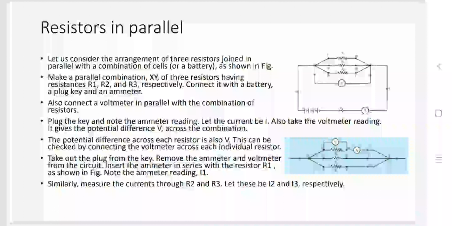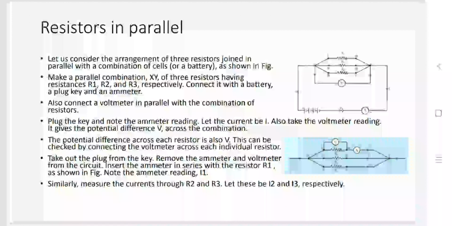Right? So first, what we are going to do? We are going to measure the potential difference across a resistor between X and Y, that would be my V. And we are going to measure the total current, connecting as shown in the first circuit. So what will happen? As current flows through the battery, it has three paths it can flow through.